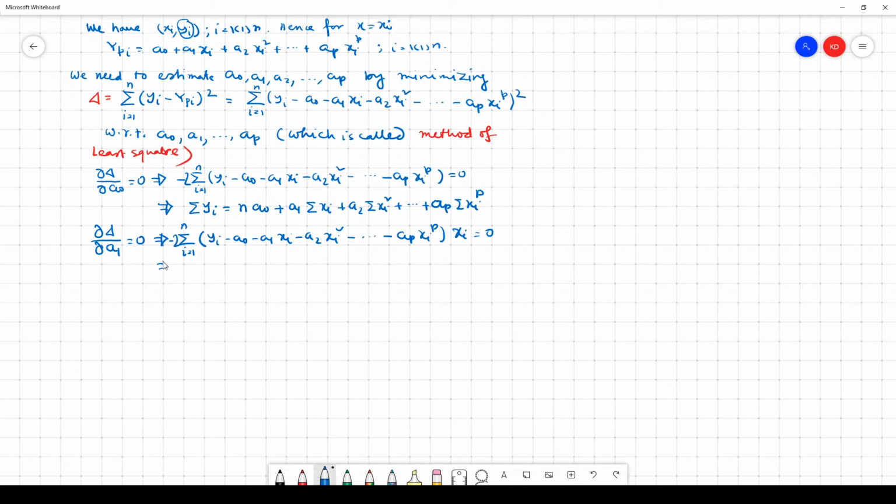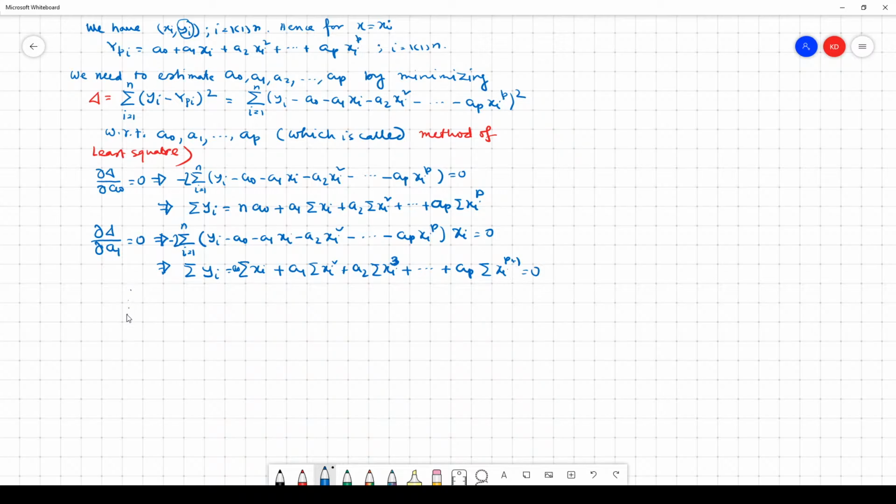So this gives the second normal equation: sum over xi yi equals a naught sum over xi plus a1 sum over xi square plus a2 sum over xi cube plus ap sum over xi to the power p plus 1.